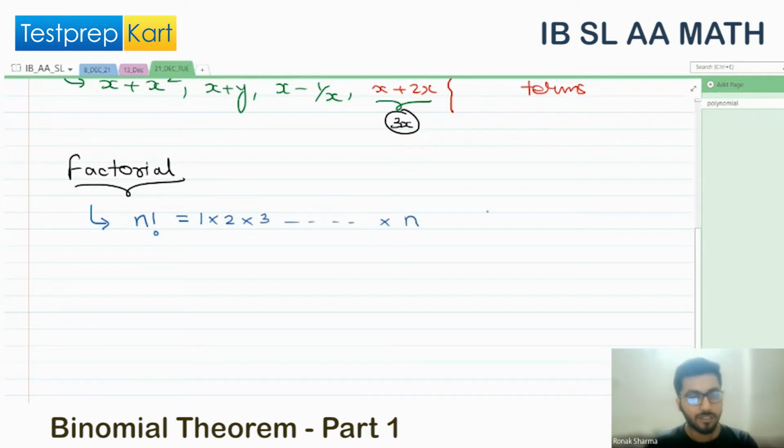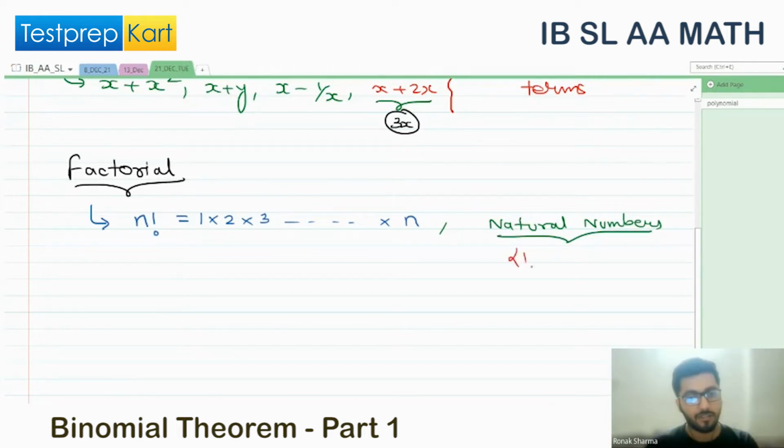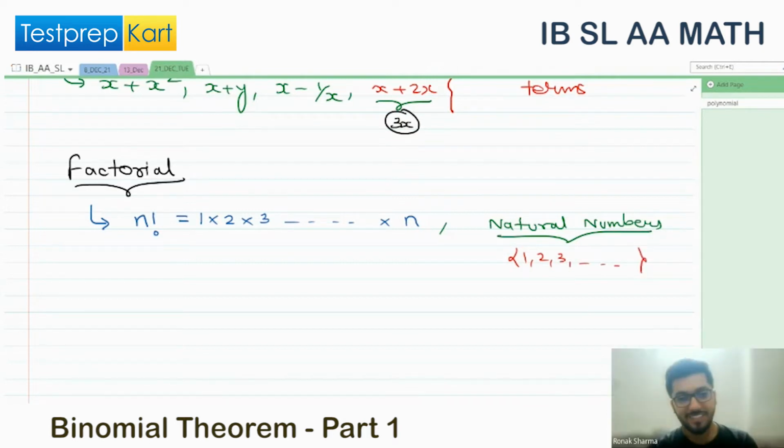Can you tell me what natural numbers are? Starting from 1, 2, 3 and going till infinity. What are whole numbers then?